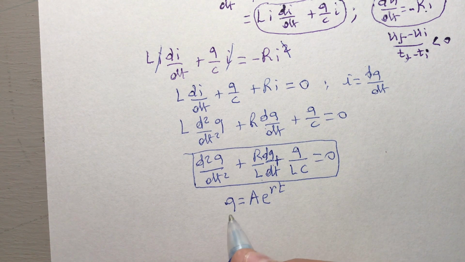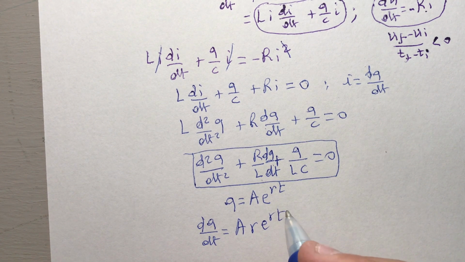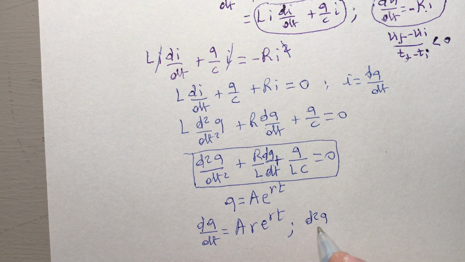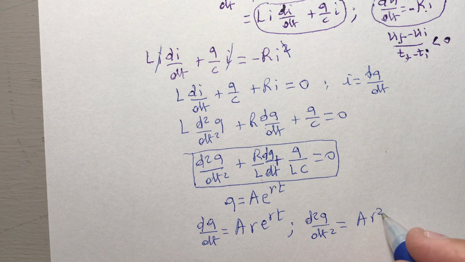So if I take the first derivative, I put dq/dt is equal to A r e to the rt. Second derivative, d squared q/dt squared is equal to A r squared e to the rt.